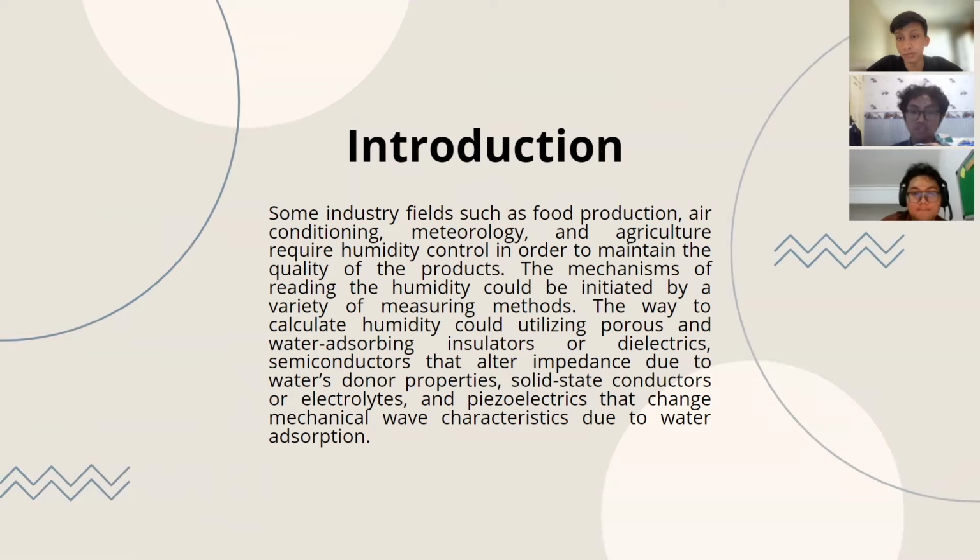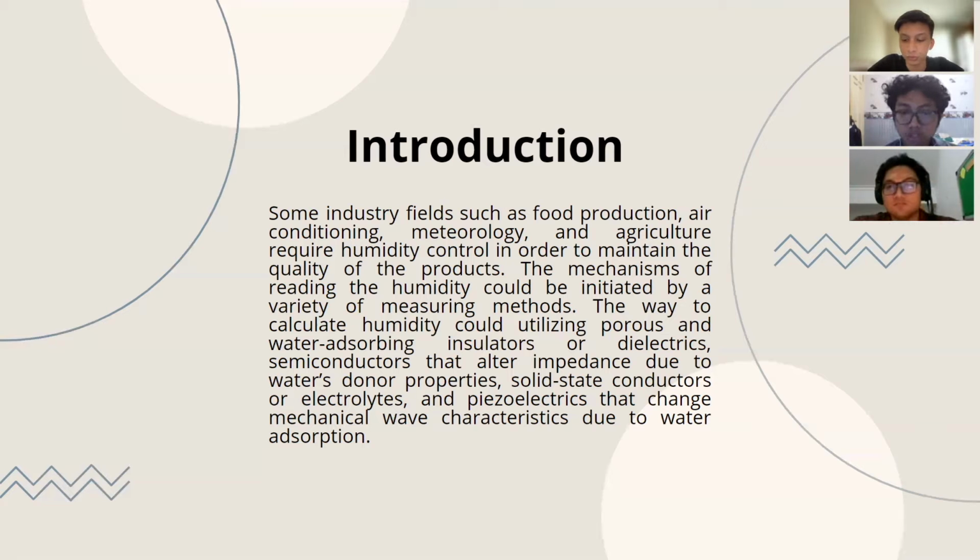Some industry fields such as food production, air conditioning, meteorology, and agriculture require humidity control in order to maintain the quality of the products. The mechanisms of reading the humidity could be initiated by a variety of measuring methods.